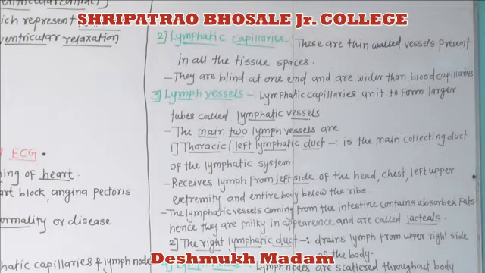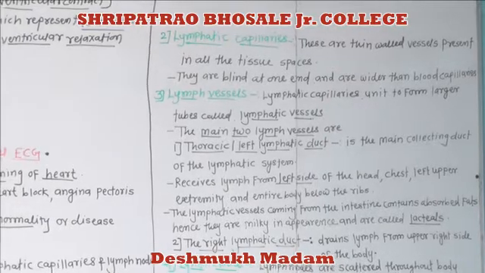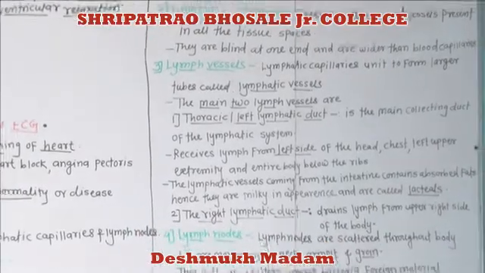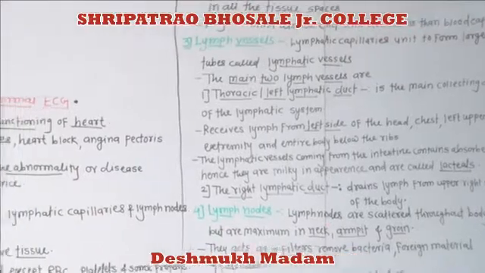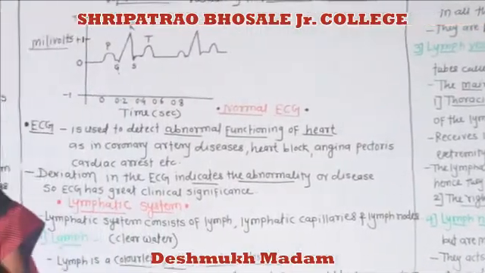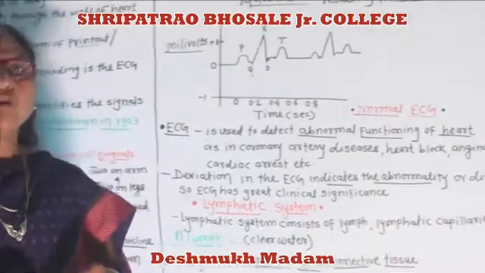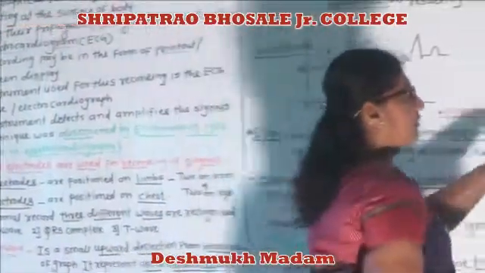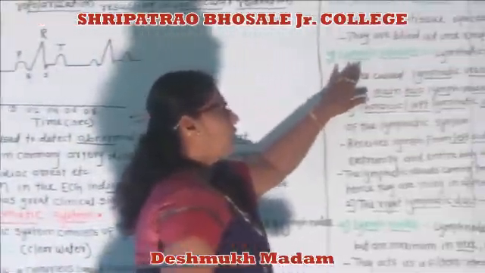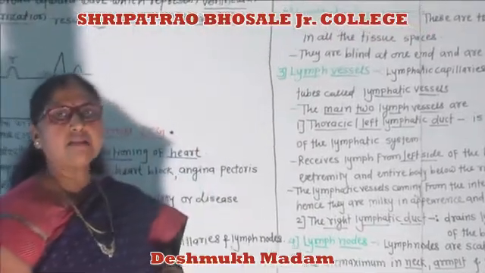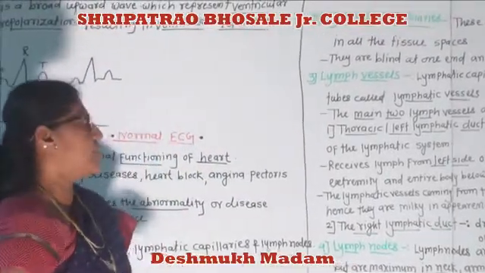The third component is the lymph vessels. Lymphatic capillaries join or unite to form a large tube called a lymphatic vessel.